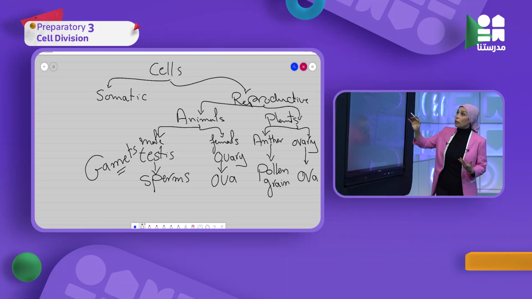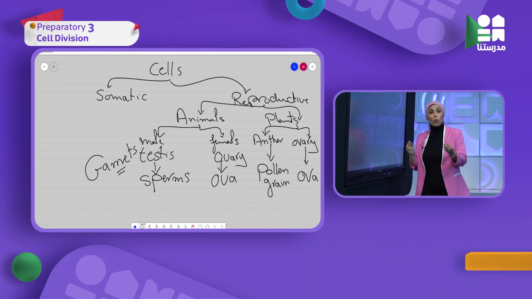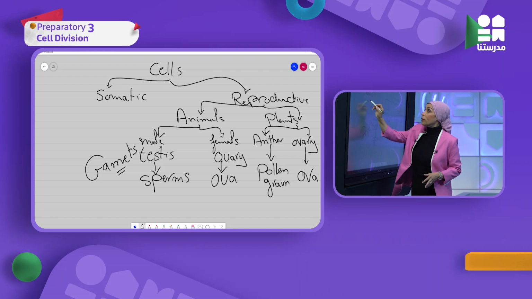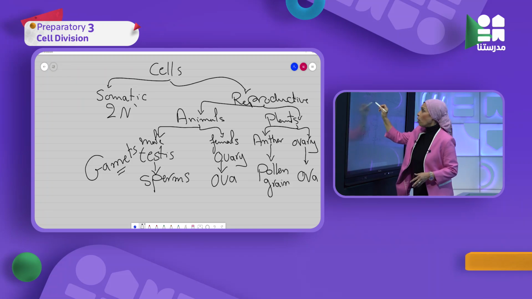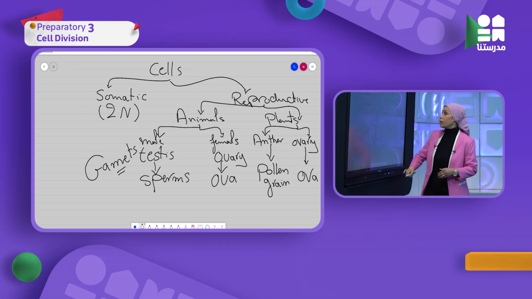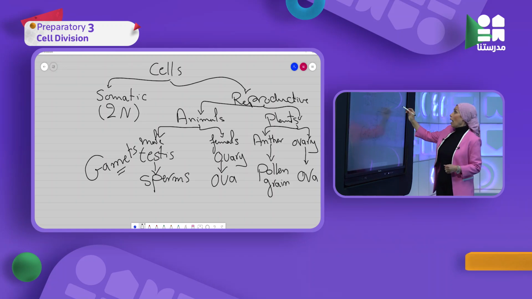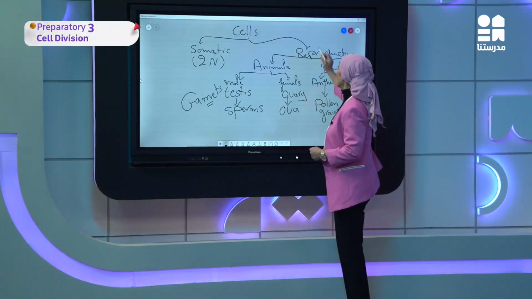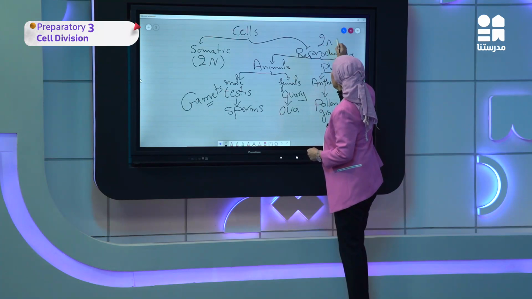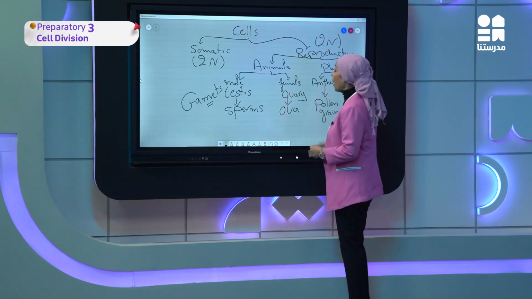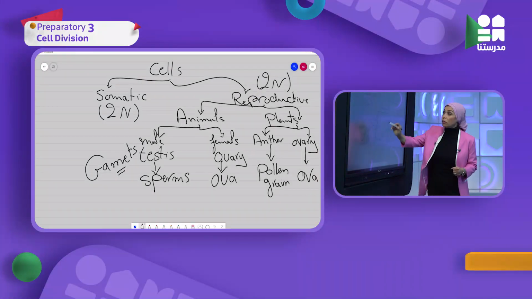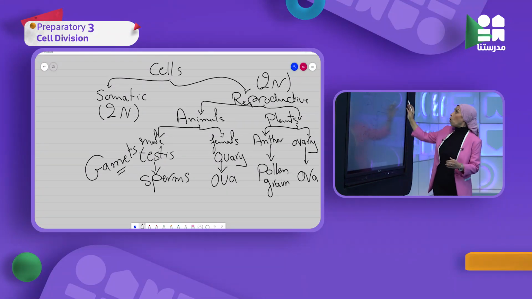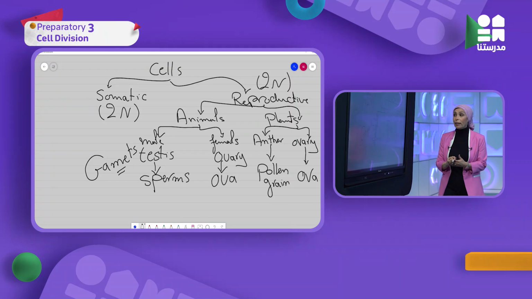Now, the somatic and reproductive cells contain a number of chromosomes that we are going to talk about, called 2n. I'm going to discuss it with you. Remember this number, 2n. And also the reproductive cells contain the same number of chromosomes, 2n. The testes and ovaries, all of them contain 2n.